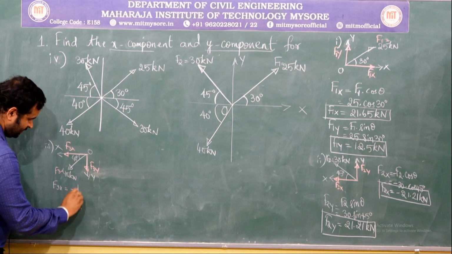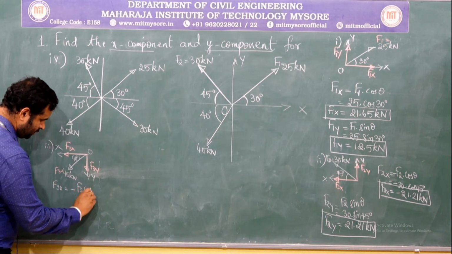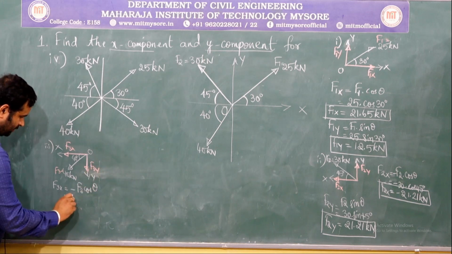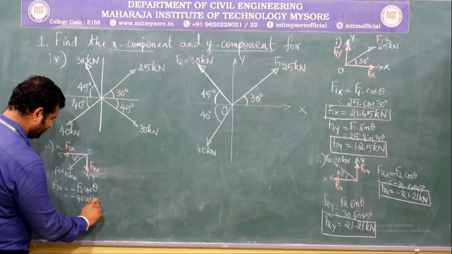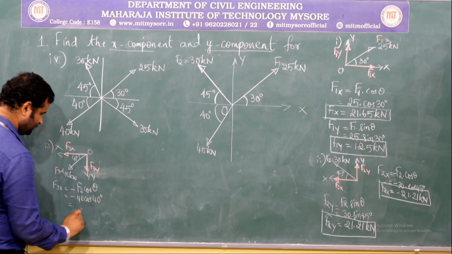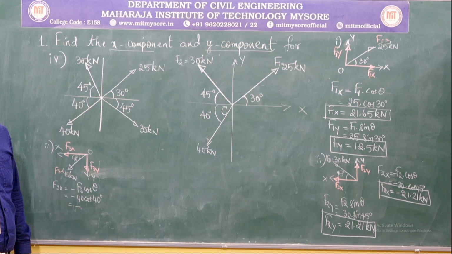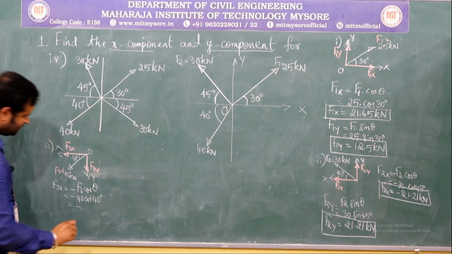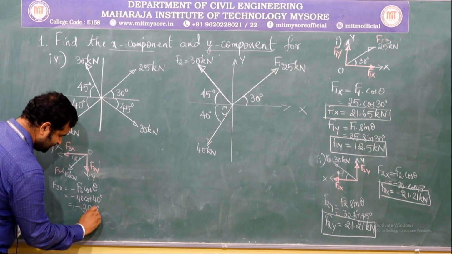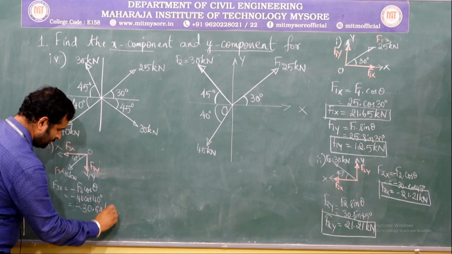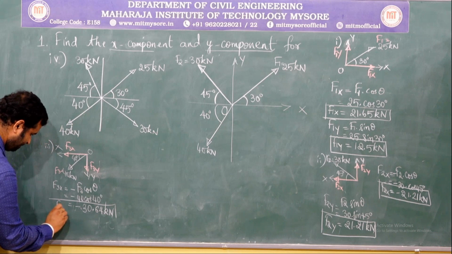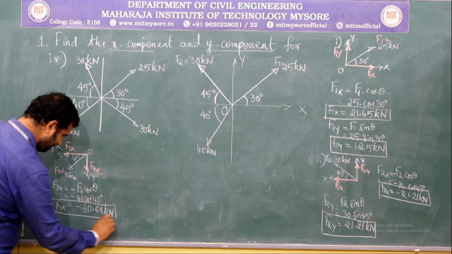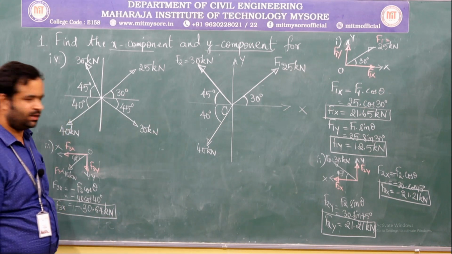Okay. Now F3x is equal to minus F3 cos theta, or minus 40 cos 40 degrees, which is equal to minus 30.64 kilonewton. So this is its x component.